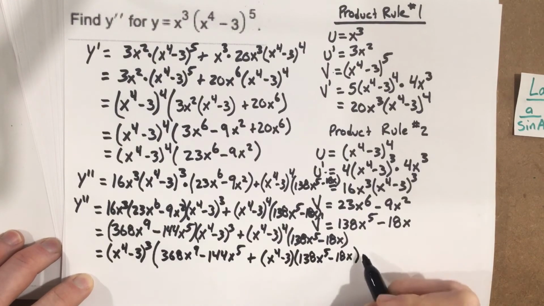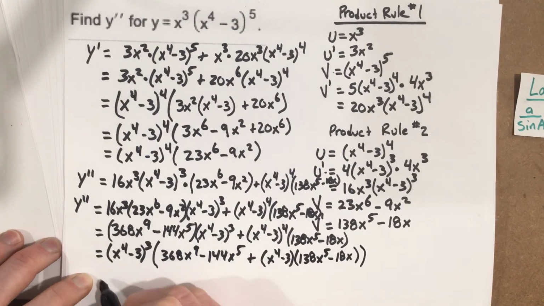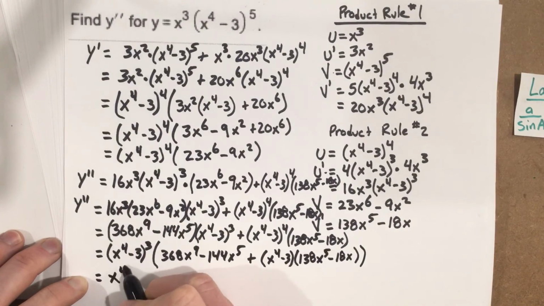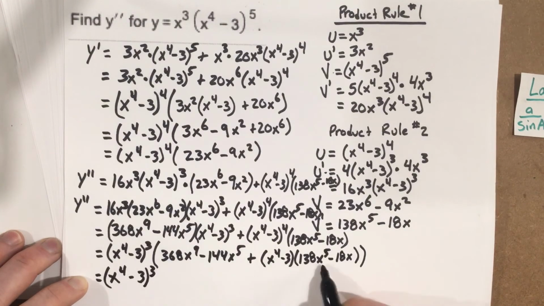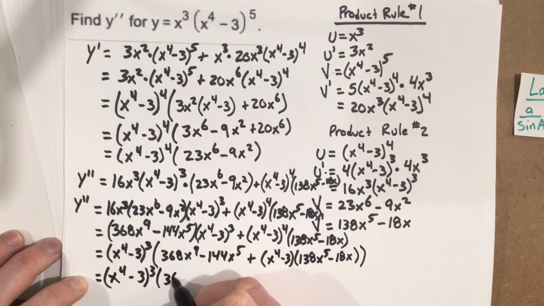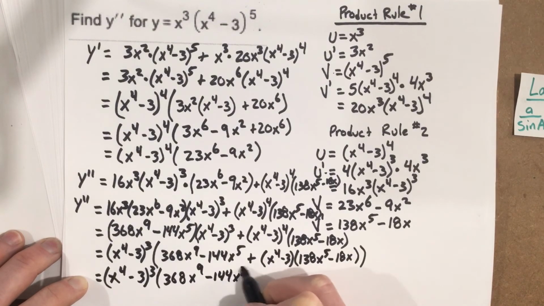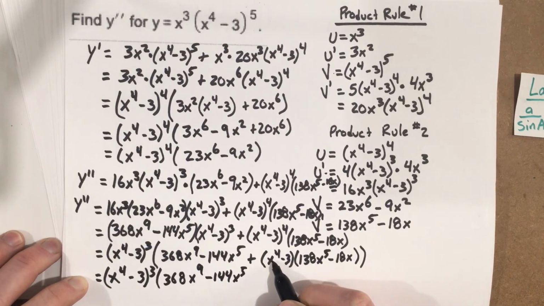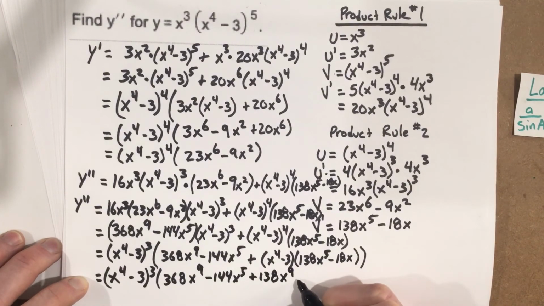So now we can actually do some distributing in here. We have (x to the fourth minus 3) cubed. Distribute here. So we still have 368x to the ninth minus 144x to the fifth. And then we can start distributing x to the fourth times this 138, which will be plus 138x to the ninth. x to the fourth times the negative 18x will be negative 18x to the fifth.